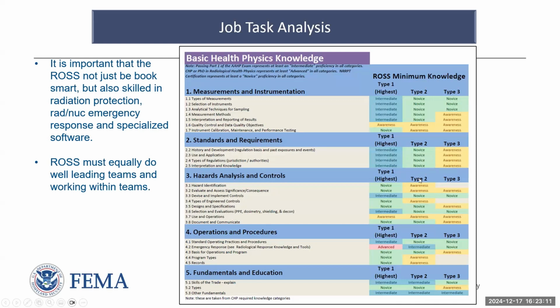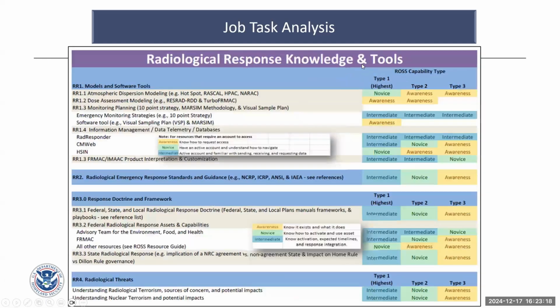And for each of them, along with the tools knowledge and capacity to use those tools, you could see atmospheric dispersion modeling, planning of monitoring, dose assessment, information management, interpreting tool data products from MAC and iMAC, having foundation and doctrine.